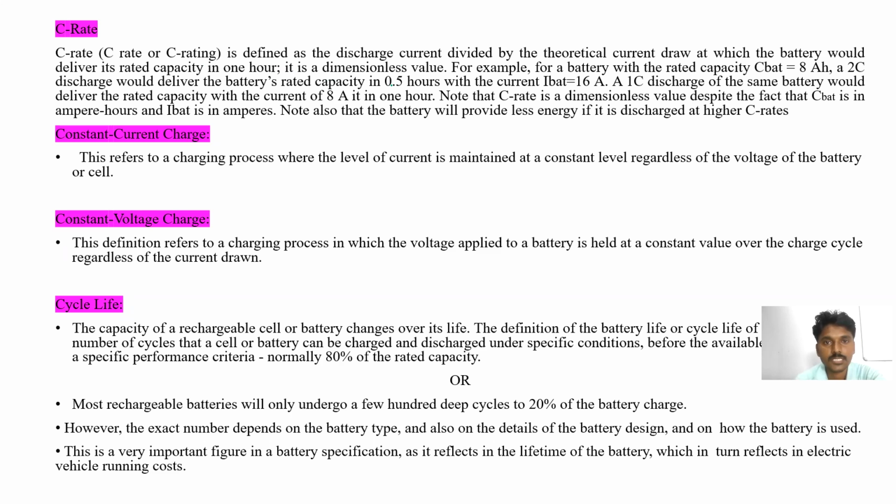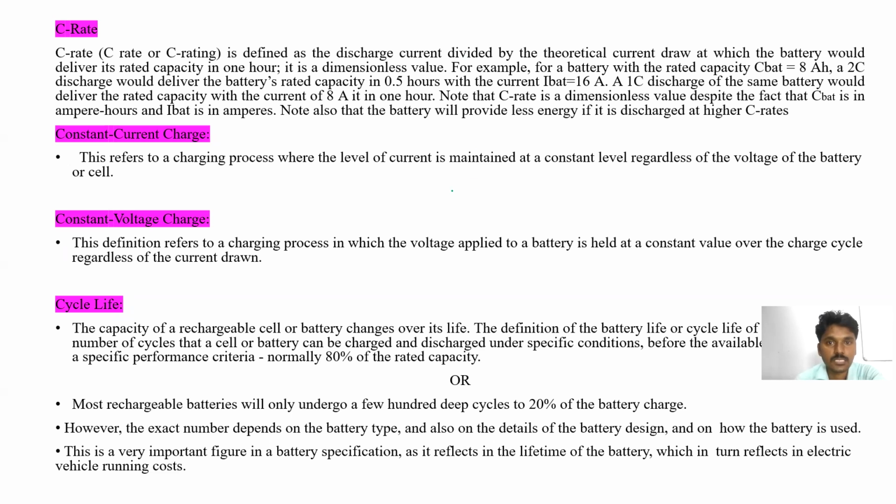It is a dimensionless value. For example, for a battery with the rated capacity of 8 ampere hour, 2C discharge would deliver the battery's rated capacity in 0.5 hours.